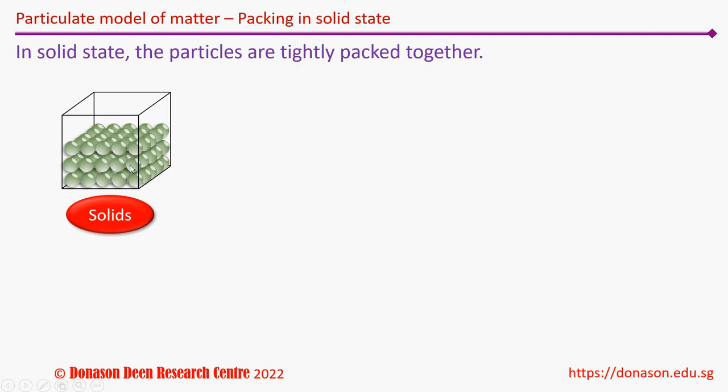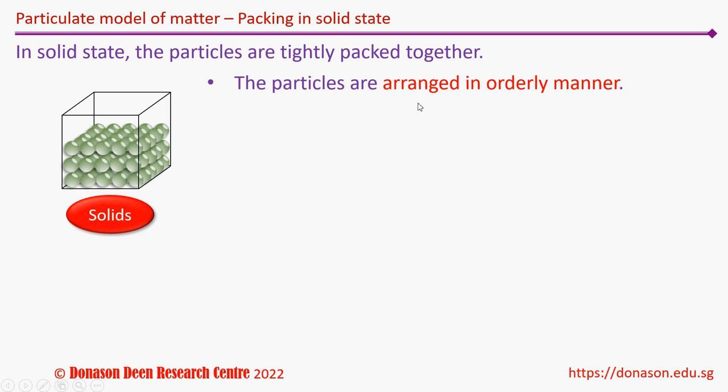If you look at the way the particles are arranged, you will also notice that they are arranged in a very orderly manner, maybe one on top of the other, or in a cubic structure, or in a hexagonal close packed structure, but they do have a regular arrangement. This order extends over a long range, so some people like to call it long range order.